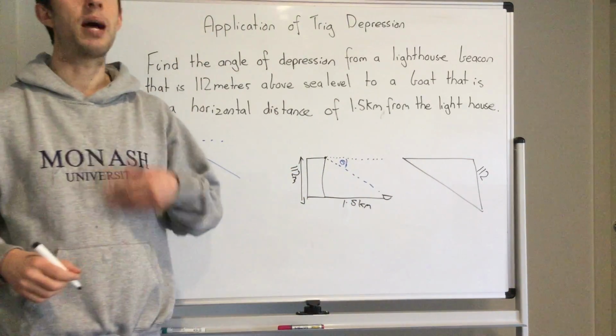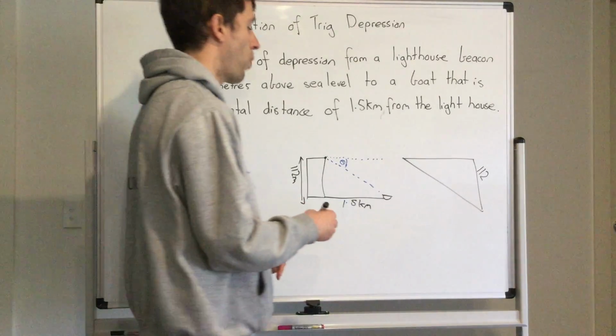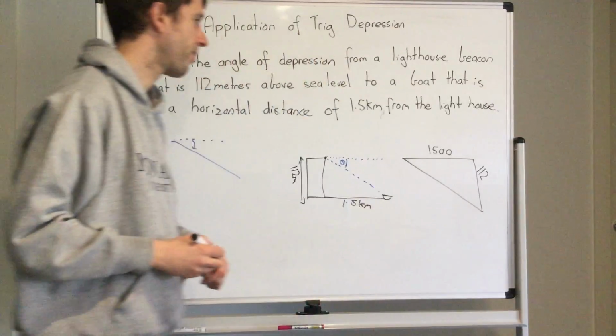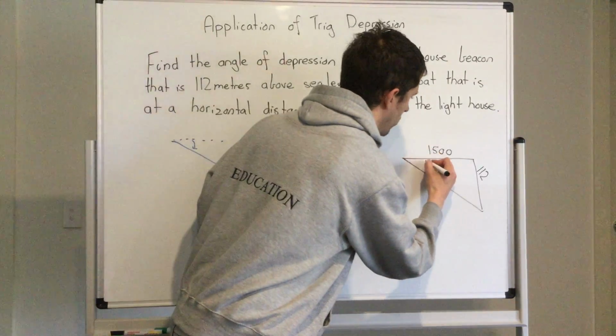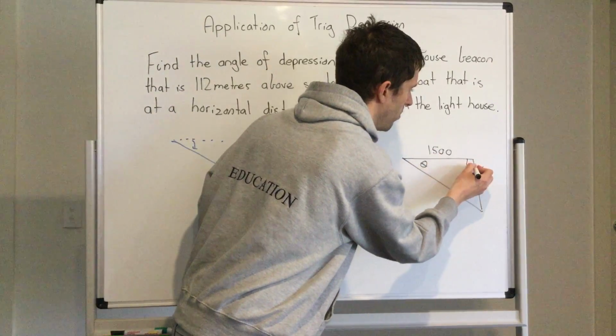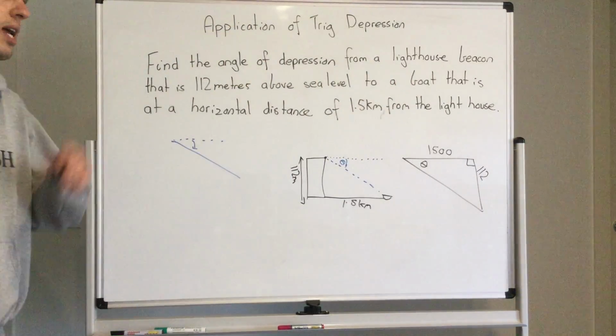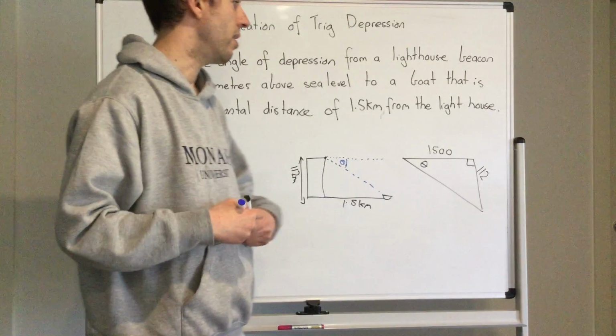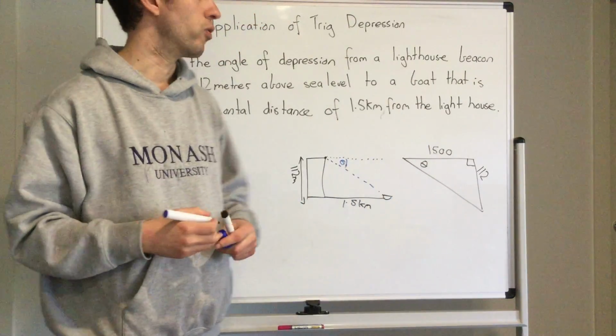Because this is in meters, I'm going to write it as 1,500. And now I've got my angle. So there we go. Now that I've drawn it like that, it makes it a bit easier for us to understand because this is the depression angle.